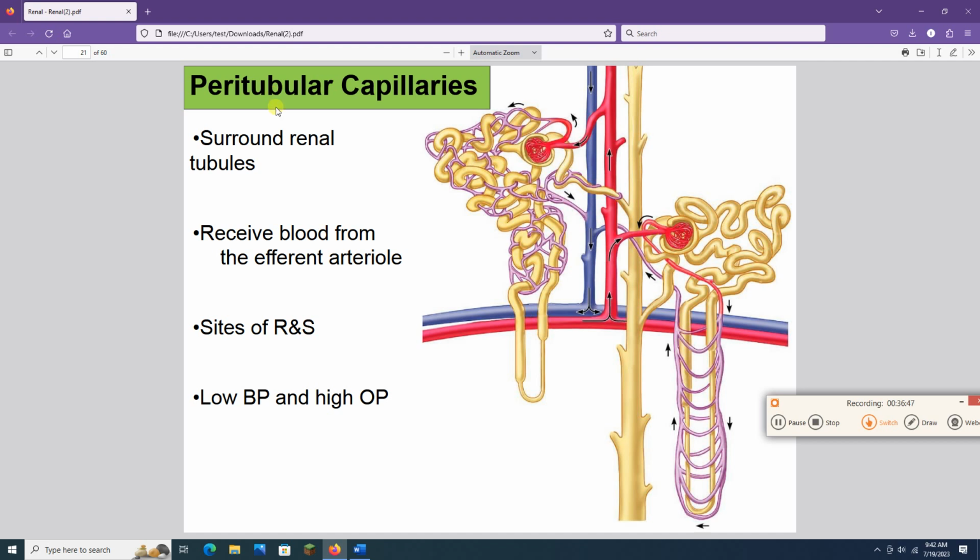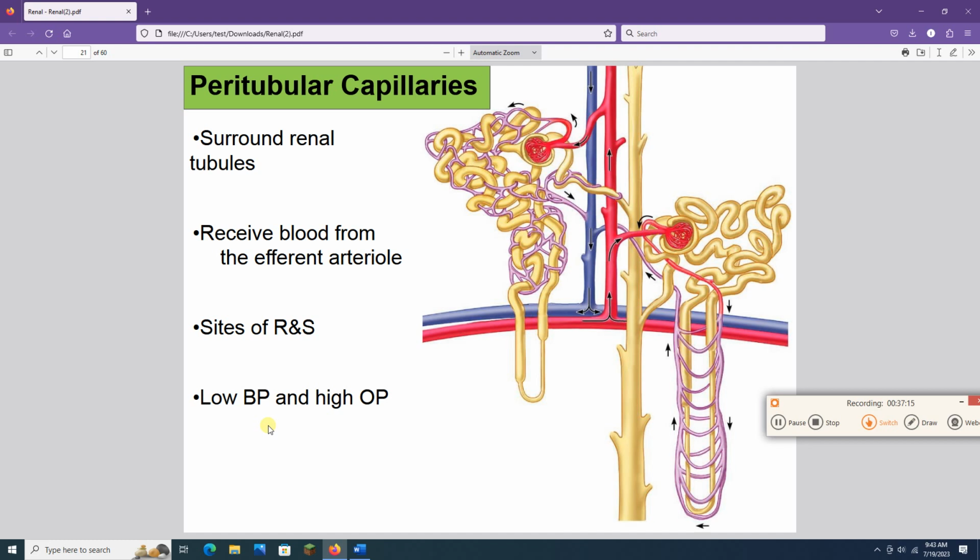They are going to work with my proximal and distal convoluted tubules to do reabsorption and secretion. Now, the blood pressure in my peritubular capillaries is really low. The osmotic pressure is really high. Both of these factors are going to facilitate the reabsorption of water.